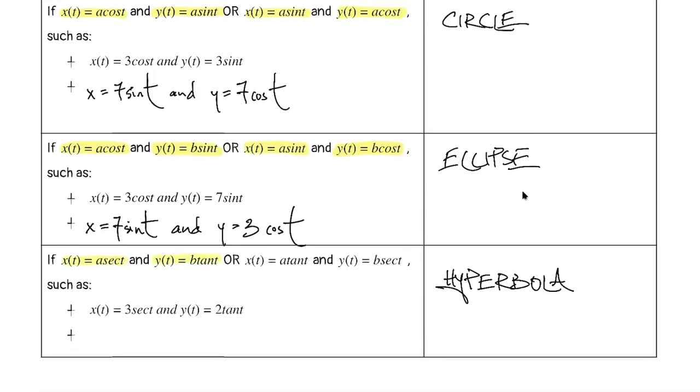Secant and tangent, or tangent and secant, will end up with a hyperbola. And you could make up whatever numbers you want for your a and your b, and you could switch your secant and your tangent, and that would give you just a second example of what the hyperbola equations could look like in parametric form.